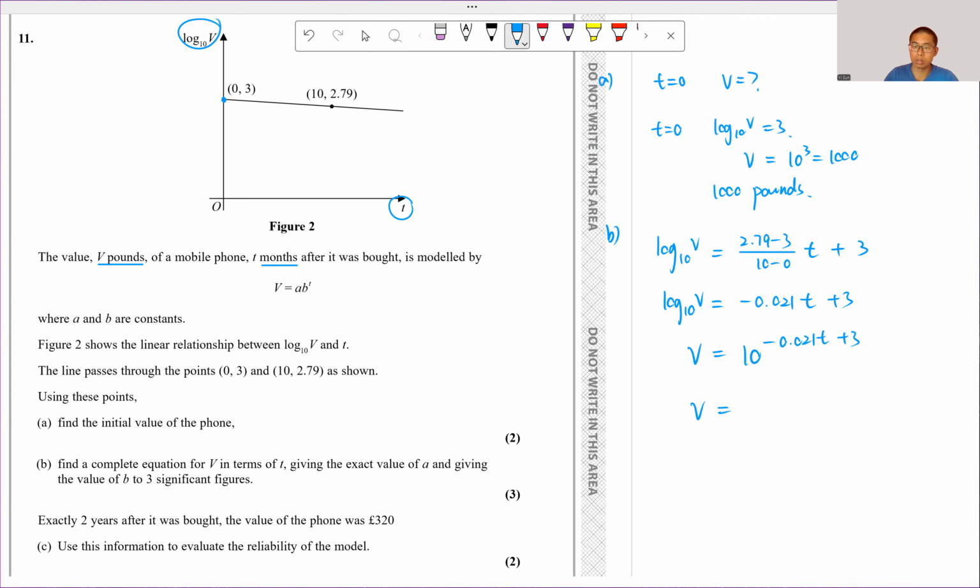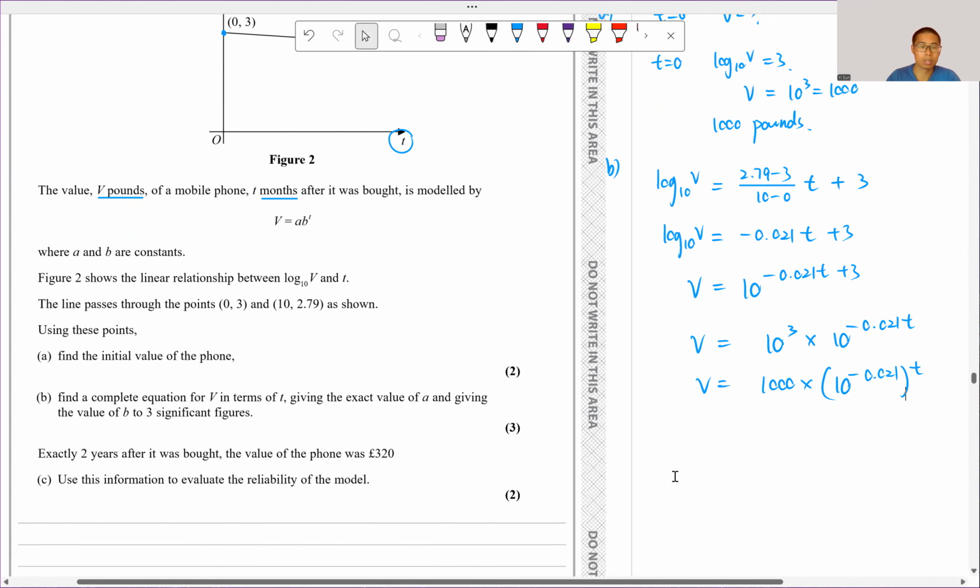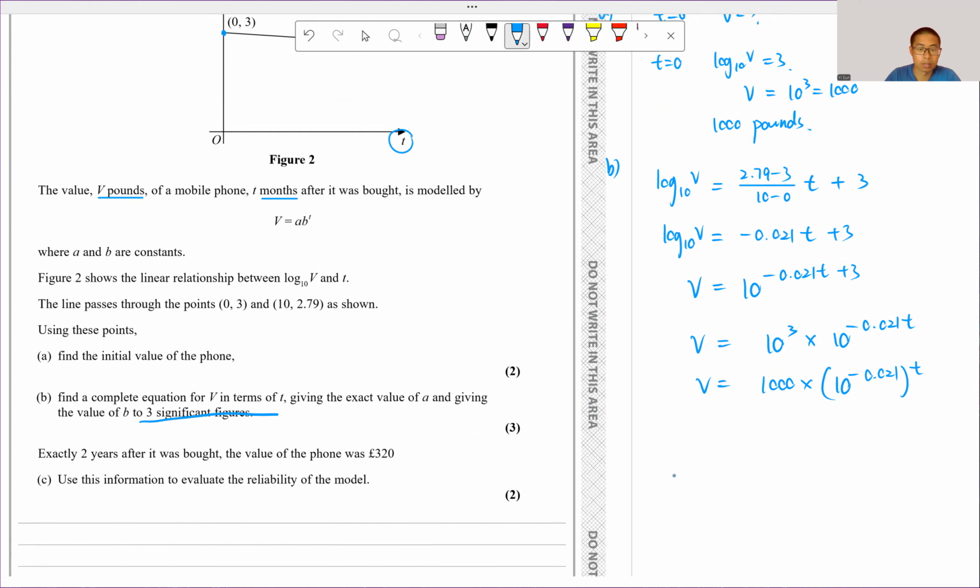So V is equal to 10 to the power 3 times 10 to the power negative 0.021T. That means V equals 1,000 times 10 to the power negative 0.021, to the power of T. So A is equal to 1,000, and then B to 3 significant figures: 10 to the power of negative 0.021 is 0.95279, but we want 3 significant figures.